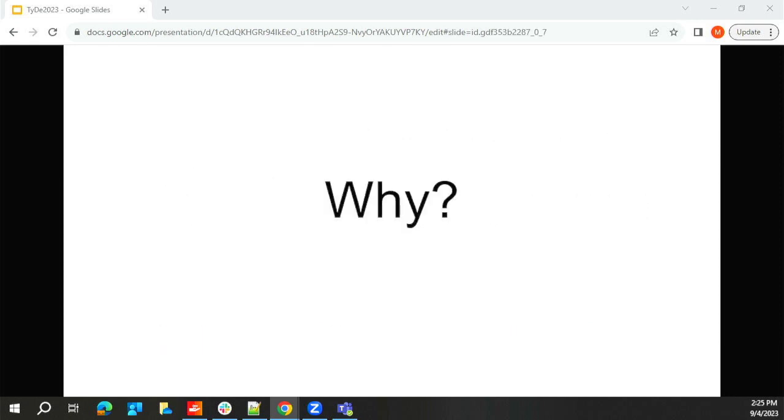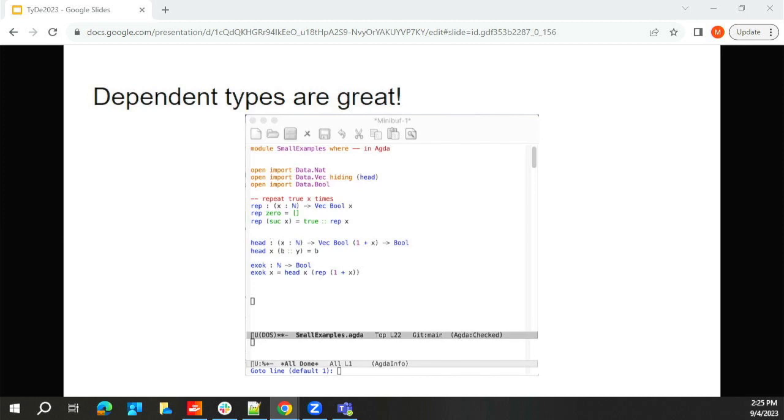Why would you want to do this? Well, dependent types are great. You can specify really important invariants you as the programmer want, and you can keep index out of bounds from happening. Here's a little program in Agda. Hopefully you can kind of read it. It repeats a number.